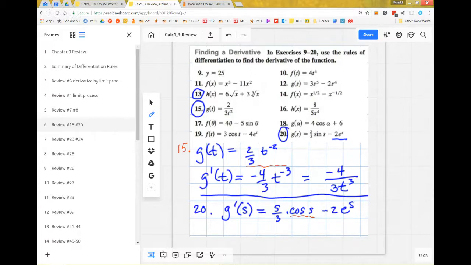Well, actually, don't automatically think that there's no change. What you need to think of is that's really the product rule, isn't it? It's negative 2 multiplied by e to the s power. And you really need to do the product rule. So you do the first times the derivative of the second.